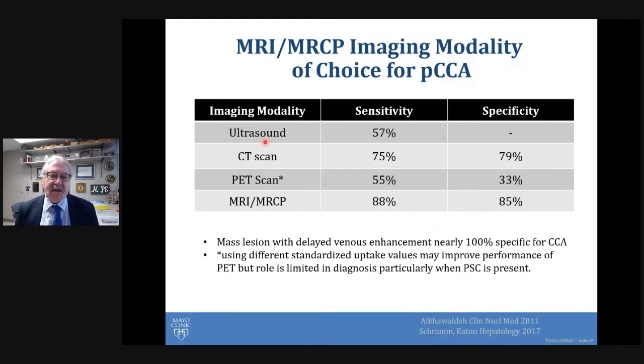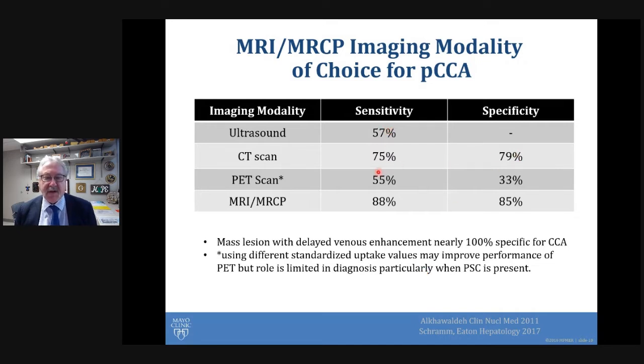Here we see the sensitivity of ultrasound, CT scan, PET scan, and MRI, MRCP. You will notice that MRI and MRCP has a sensitivity of about 88%, so of every 100 patients, 88 would be diagnosed by this technique, whereas only 55% would be diagnosed by PET, 75% by CT, and 55% or so by ultrasound.